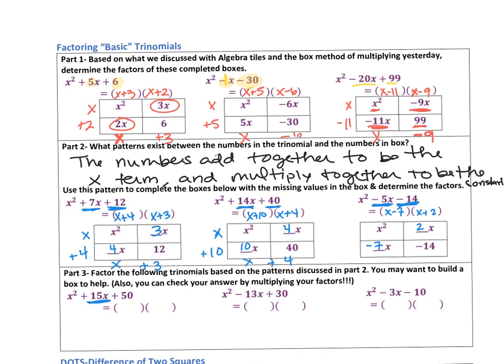Two numbers that multiply to 50 but add to 15. Two numbers that multiply to 30 but add to negative 13.